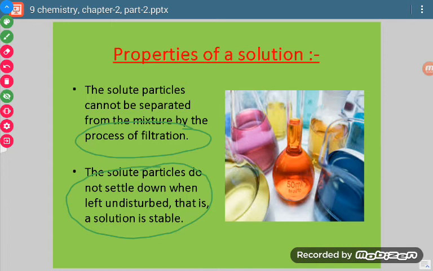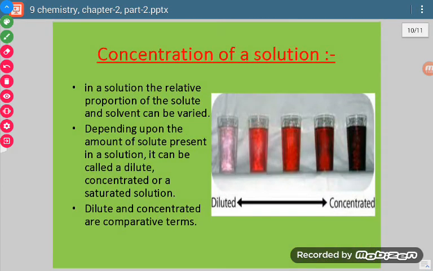This is not going to happen. So if the solution as we prepared it remains as it is, then we will say that this solution is stable. So the point is that a solution is very stable. Its particles cannot settle down.